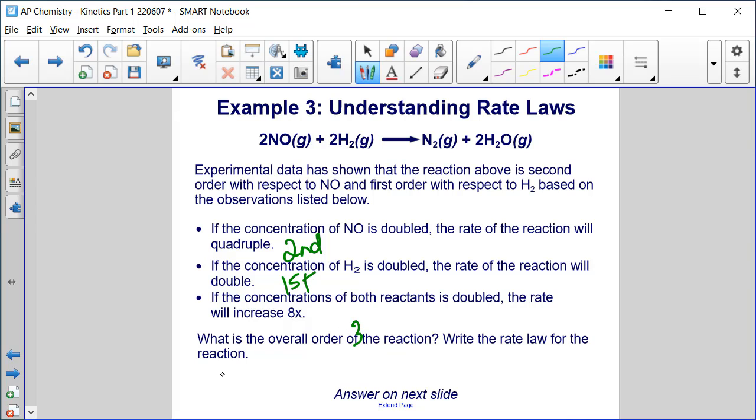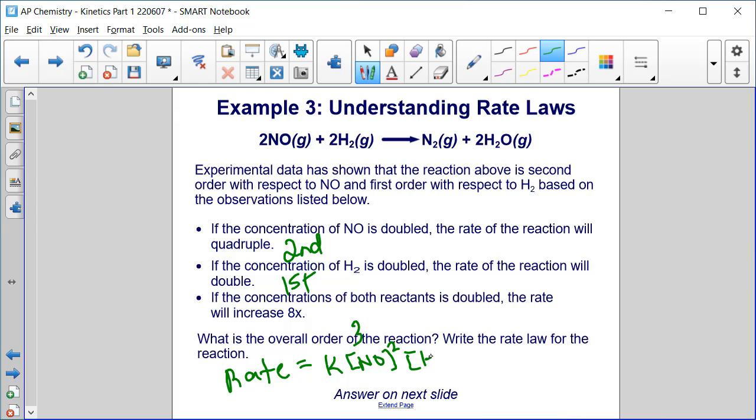But we're going to use the rate law to demonstrate that. So the rate is K times the first reactant, NO, and we're told that if it's doubled, then the rate will quadruple. So that's second order. So we need a 2 here.